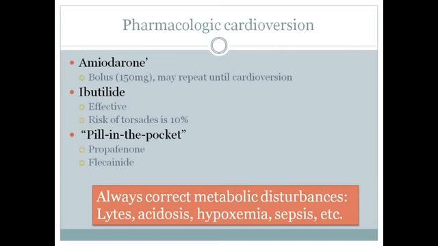There are two drugs, propafenone and flecainide, class 1Cs. These can also change atrial fibrillation into atrial flutter, and are fairly effective. So we give it a try. If it works, fine. If not, we choose something else. Always correct metabolic disturbances before attempting any of these, like acidosis, hypoxemia, sepsis. Otherwise, it's going to come back. It's not going to work.